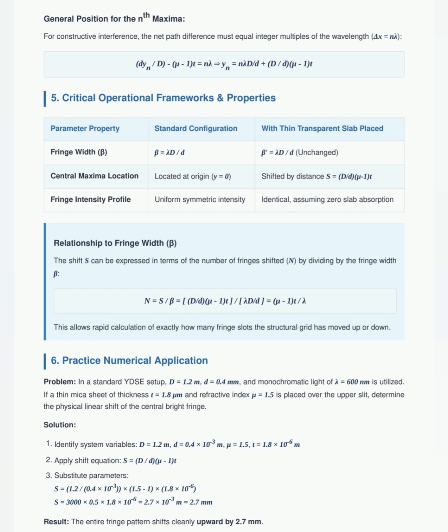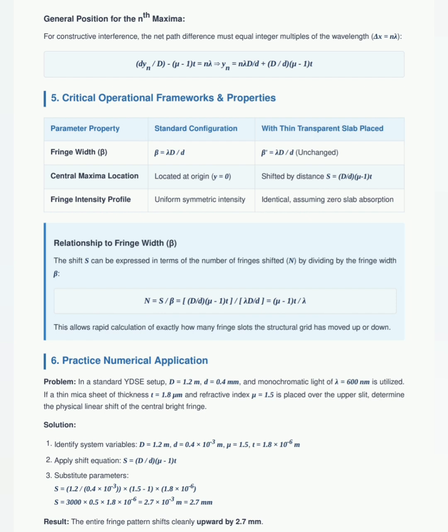The central maxima will be located at the origin, y equal to 0, and if we introduce the slab, we have seen it will be shifted by capital D by d into (mu minus 1)t. The fringe intensity profile is uniform and symmetric in the case where there is no slab. It will be identical in the case of the slab if we assume that there is no absorption in the slab.